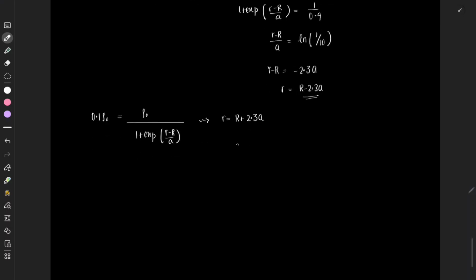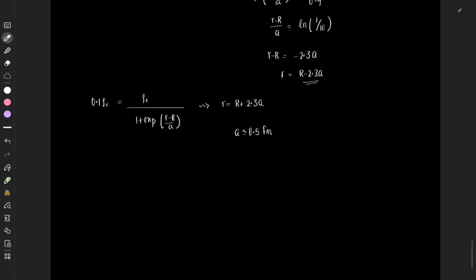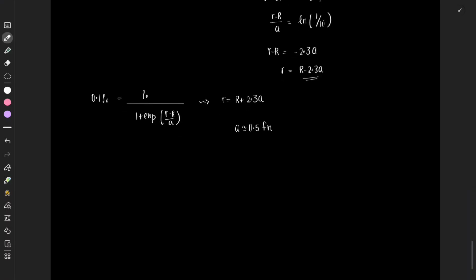where a is approximately equal to 0.5 fm, irrespective of the size, shape, anything. a is always about 0.5 femtometer, and r naught is 1.2 femtometer for light nuclei.